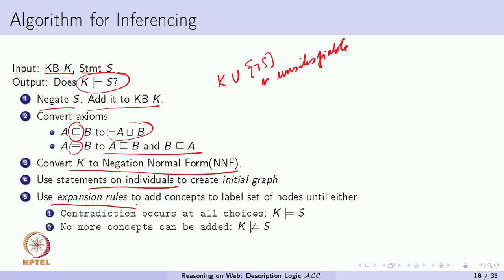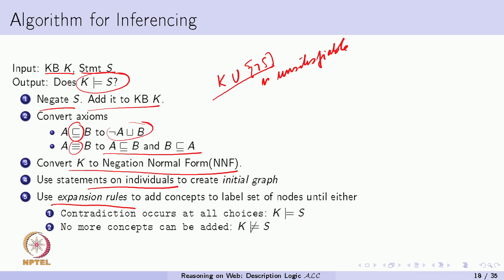Remember that at this stage we have constructed a knowledge base which is K union not of S. So, if K entails S, we expect K union not of S to be unsatisfiable, which means that all the branches, all the options that are accessible to us, must be closed, very similar to what we did for the tableau method.